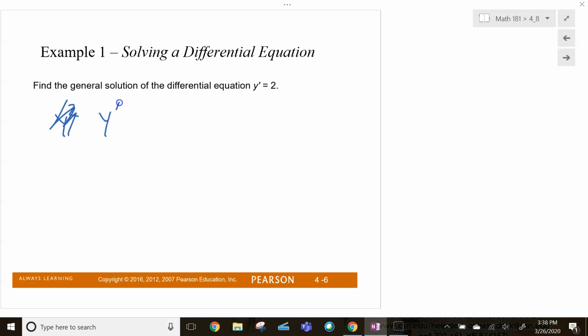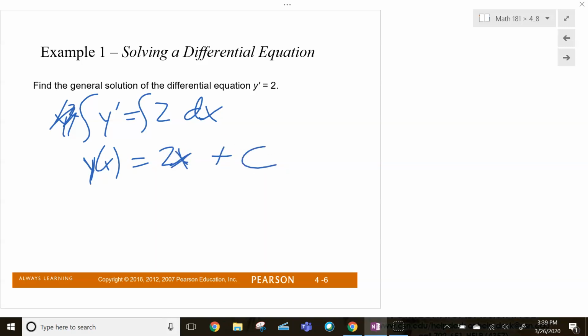If I run the antiderivative with respect to x, I'll get back to the original function y of x. So I'm thinking to myself, derivative of what gives me 2? Well, the derivative of 2x. Anytime I take this derivative, I get 2. So the antiderivative is 2x.